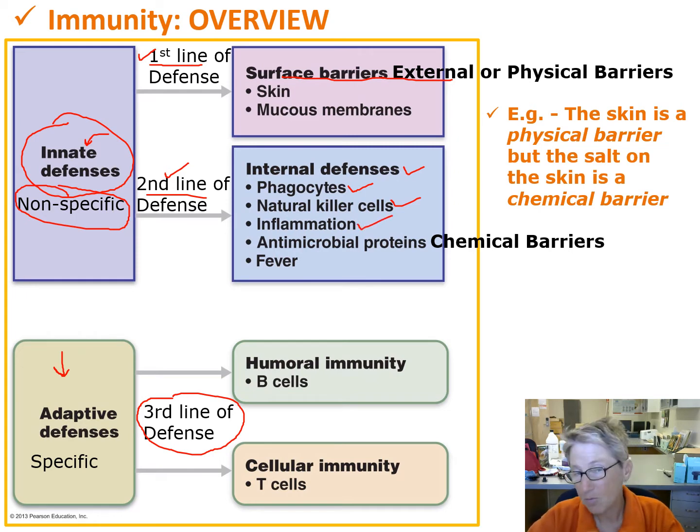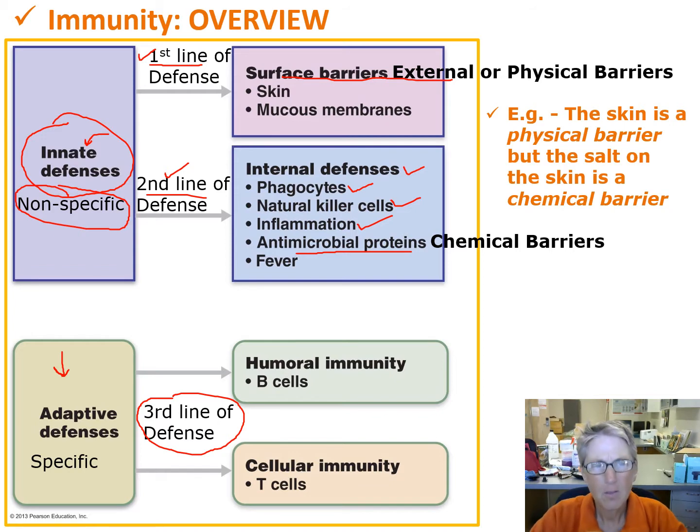The process of inflammation, and everybody's probably heard that, and you've probably had an inflammatory event in your life. Inflammation is part of your second line of defense against microbes. You might just think it's annoying, but it's there for a reason in terms of microbial defense. Also within the second line of defense, you have these antimicrobial proteins, and those would be considered chemical barriers.